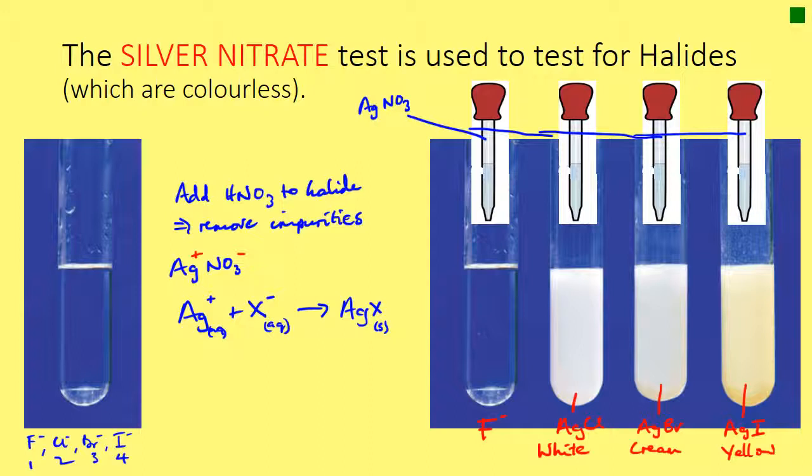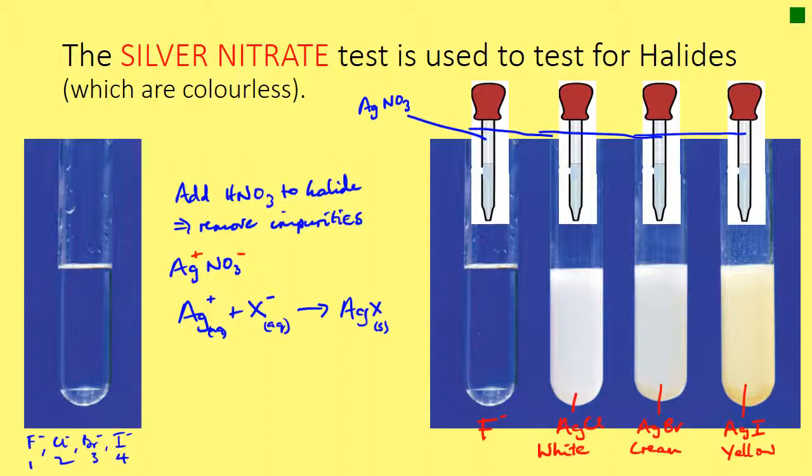I'm going to use the generic X for halide. They're both aqueous in solution, and usually you get a precipitate or a solid. So that's what we're going to do, and when you do that, this is what you get.